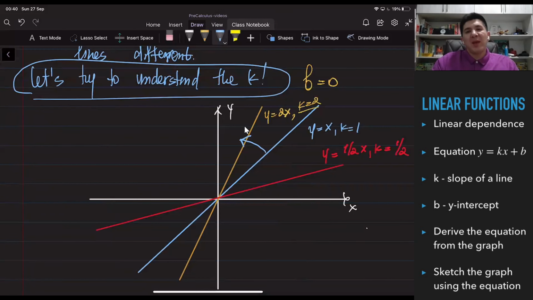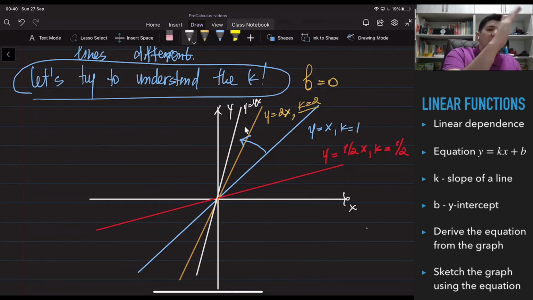So for example, you may guess that if the k is equal to 3, for example, or 4, then that line is going to be something like this, right? For example, this might be the equation of the line y is equal to 4x, okay? So if you are increasing the value of the k more than 1, then you're basically going towards the y-axis.